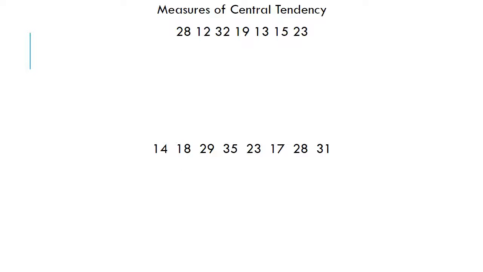Here is a couple of examples that we're going to practice finding the median. Remember, the first thing we need to do is list our numbers in order from least to greatest. So our smallest number is 12.